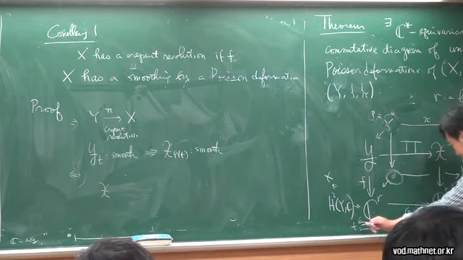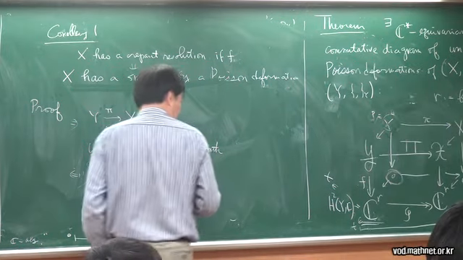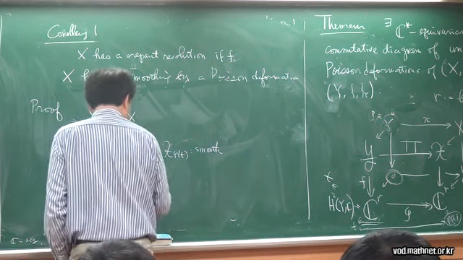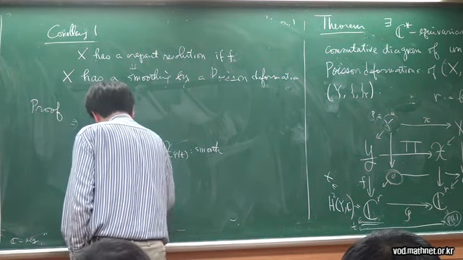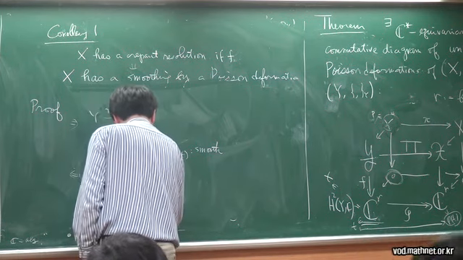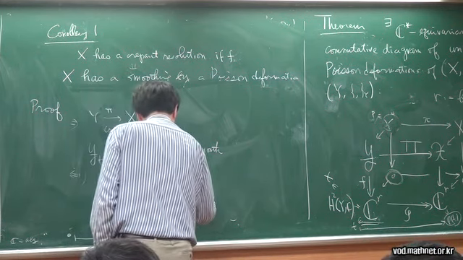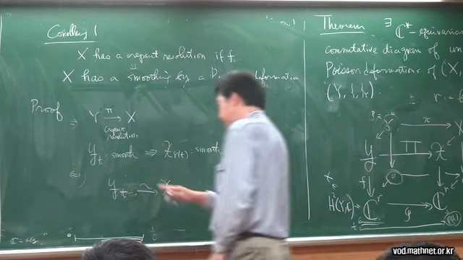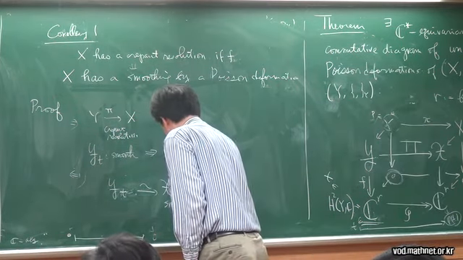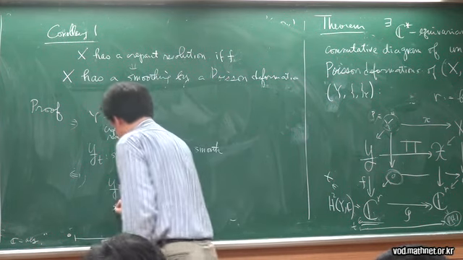So choose such t. Then by using this, we have the following map. But this is an isomorphism, and this is smooth by the assumption.